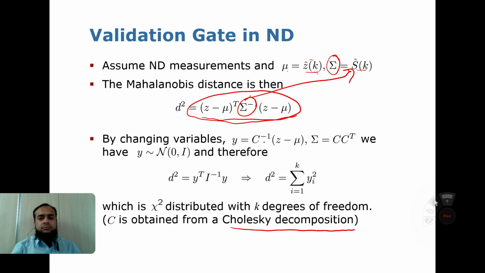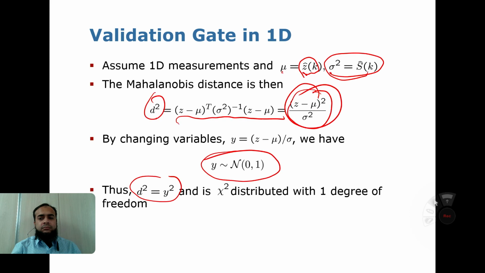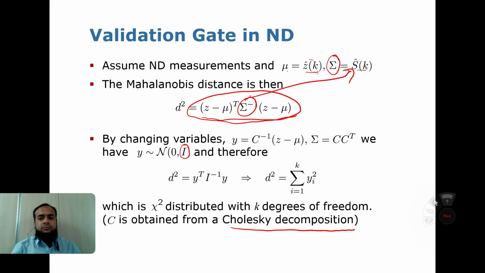Let us change the variable y equals C inverse (z minus nu), and the covariance equals C times C transpose. We have y normalized with zero mean and identity matrix. Previously it was only one dimensional, so we write only one. If we have n dimensions, then we write an identity matrix with the dimension of the observation, and therefore d equals y transpose y inverse y.